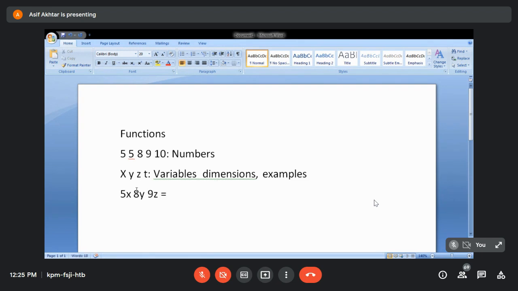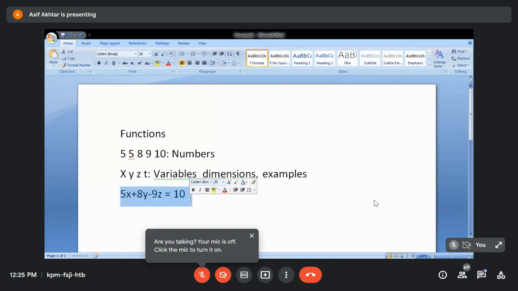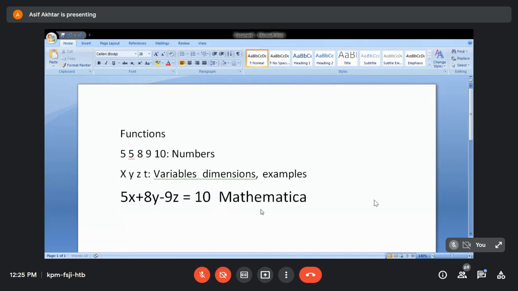In between 5x and 8y we put, for example, plus, here we put, for example, minus, and then I put equal to, for example, 10. So you see what I have done. I have combined the numbers with the English letters x, y, z, and t, and we have 5x plus 8y minus z equal to 10. This expression which I am showing you, we call a mathematical expression.